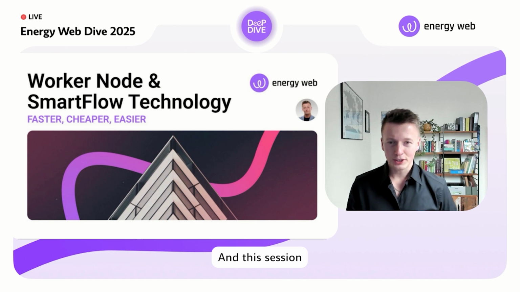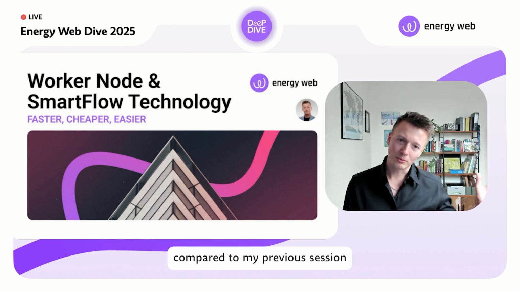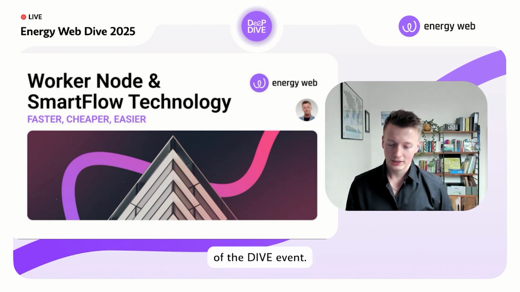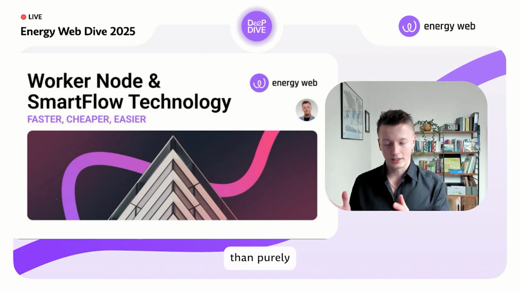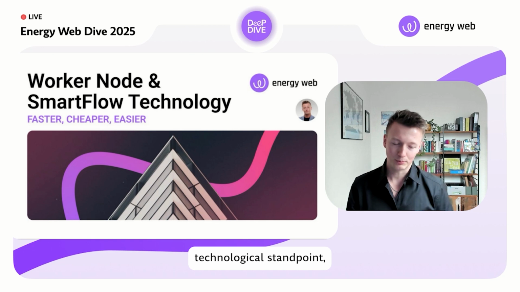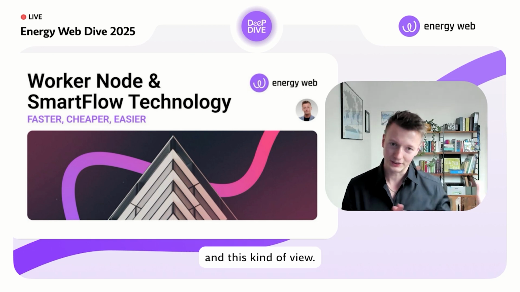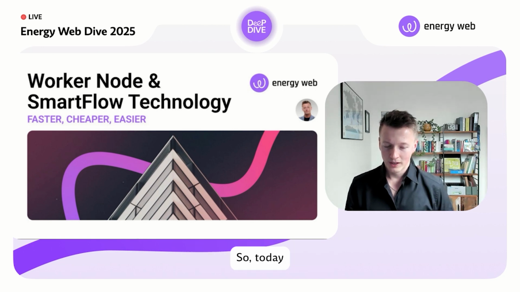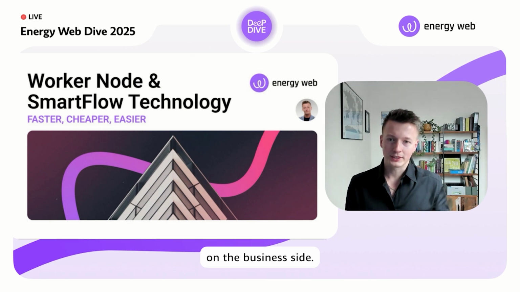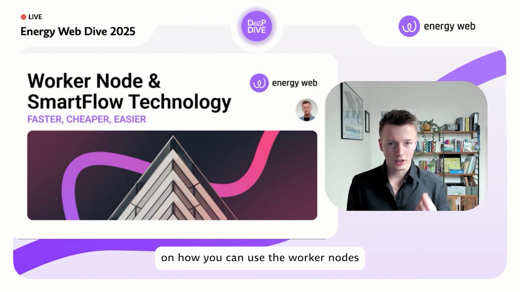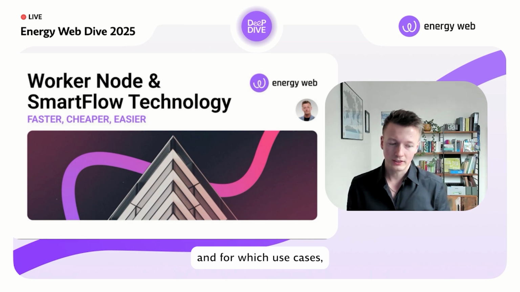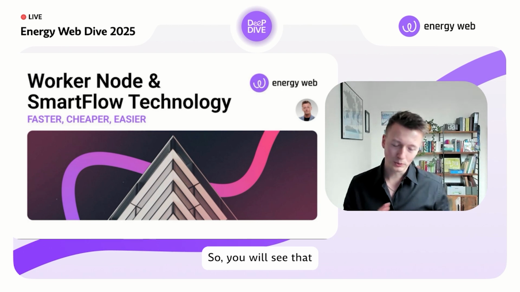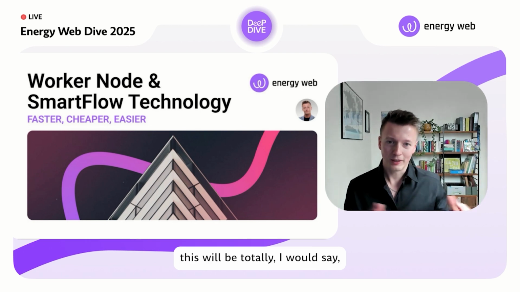This session will be slightly different compared to my previous session at the Dive event, because I would like to approach the topic from a little bit different angle than purely the technological or automation standpoint. Today we're going to focus on the business side: how you can use the worker nodes and which use cases they are actually best suited for.